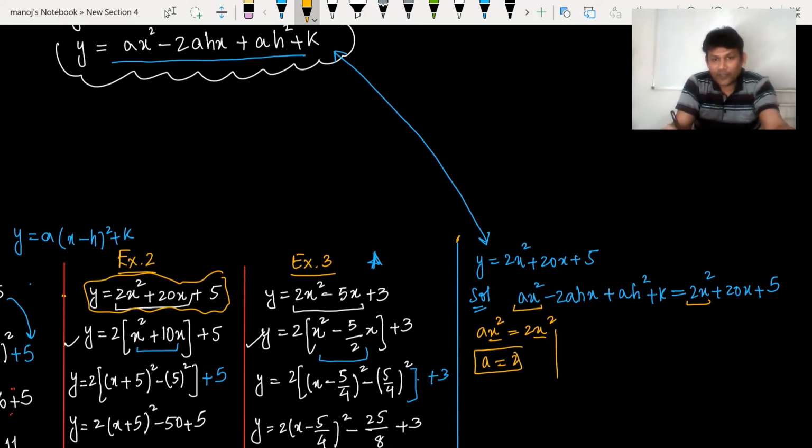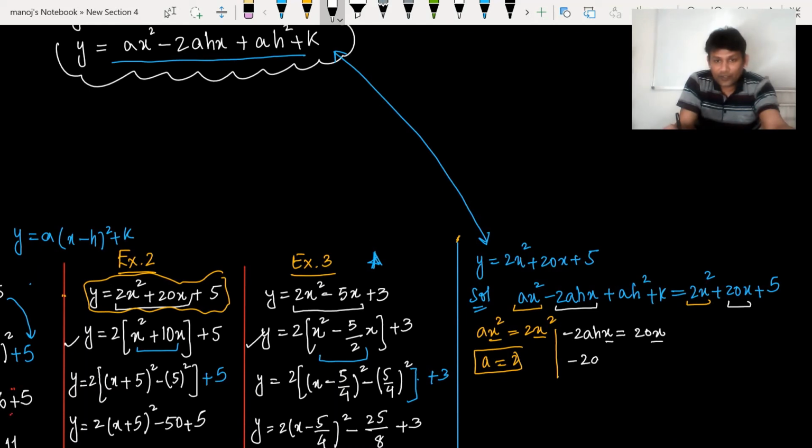This is okay. Second, here is only x, here is only x, there is no x here. So this part will be equated with this 20x. So what I can write, minus 2ahx is equals to 20x. Now this x cancels out. So what is left?